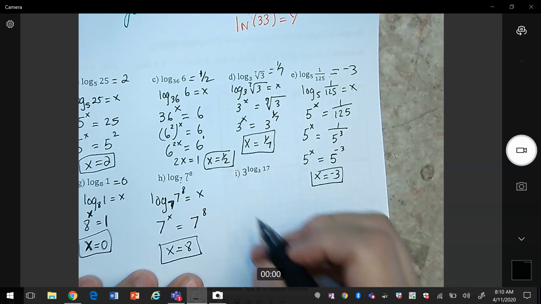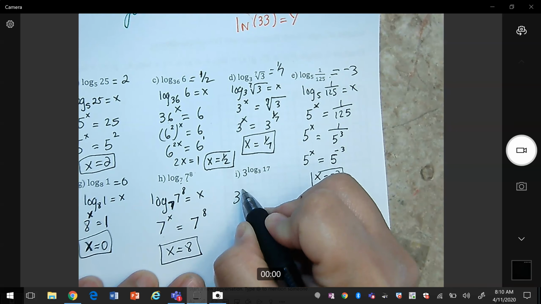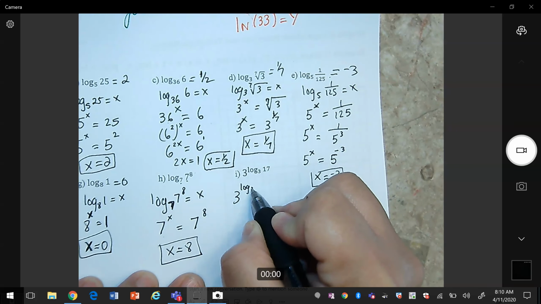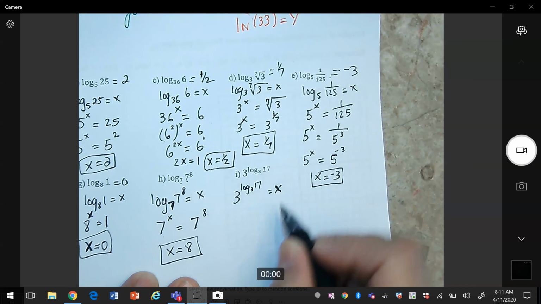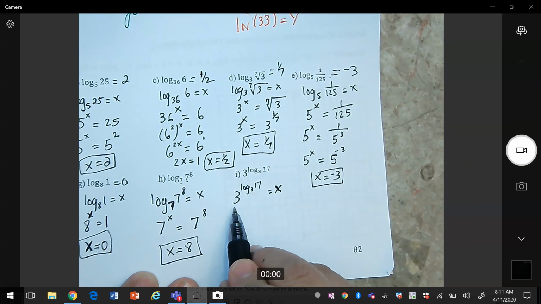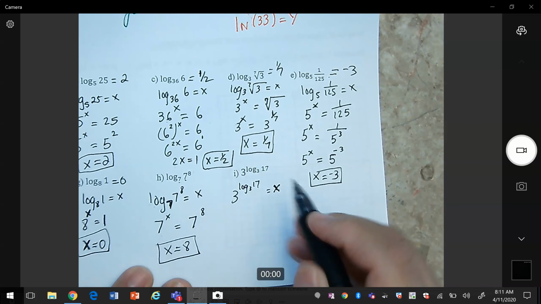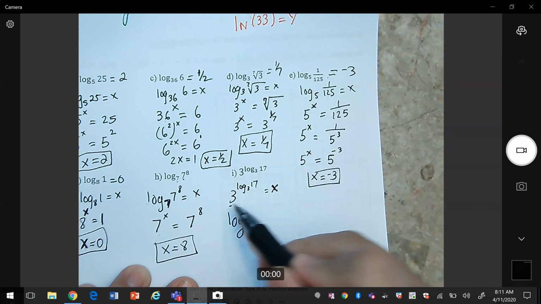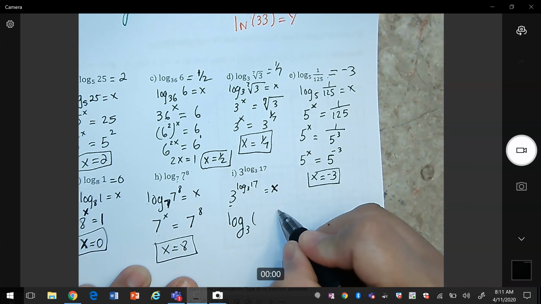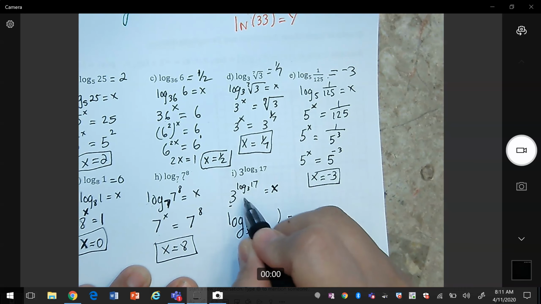And then the last one here, this is actually written as an exponent because notice we start with the 3 instead of log. So I'm going to change this to a log. My base is 3. The log is always equal to the exponent.